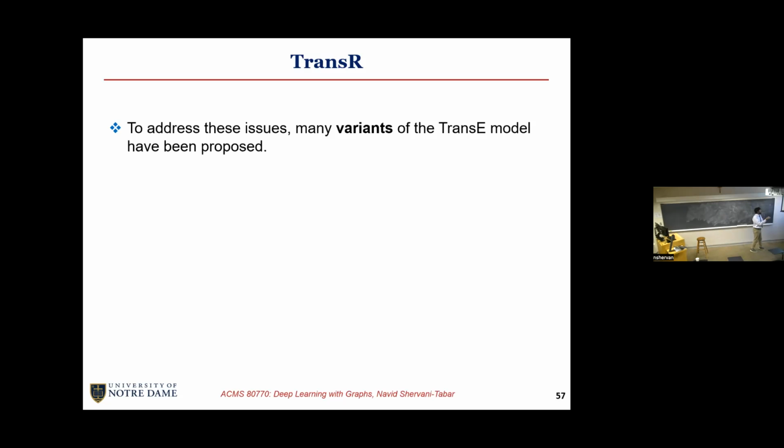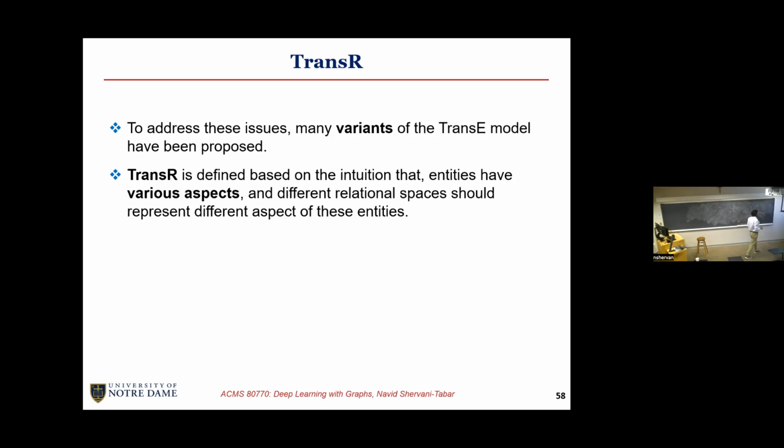In general, I'm only going to look at trans-R, which is a prominent approach, where the intuition behind trans-R is that each entity has different aspects. So you have a person that has different aspects to it, and it has different relations with different other entities based off of different aspects of it, right?